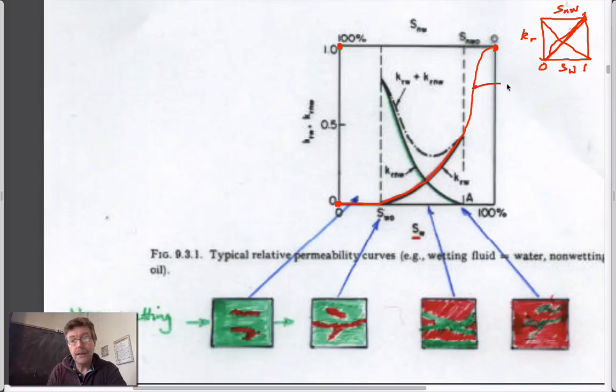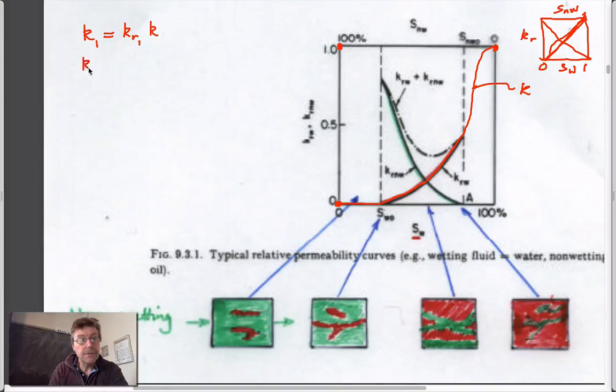This would be the saturation of which phase? 100% water, the relative permeability is 100%, and remember that the effective permeability is equal to the relative permeability multiplied by the actual permeability. This is constant, and this is the only thing that changes.